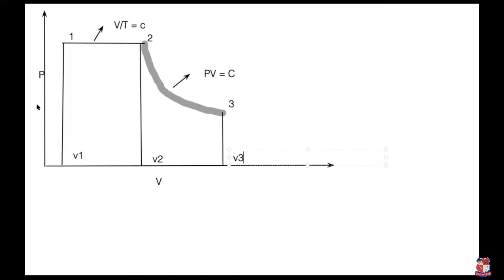Same here, you can write down P3, and here P1 is equal to P2. And here it is P3. So this is the diagram, and it is known as the pressure versus volume diagram.